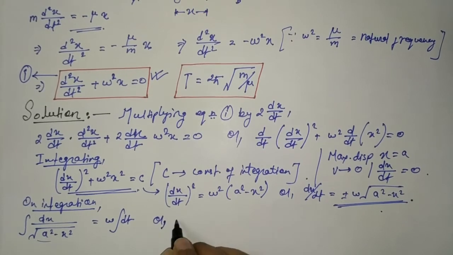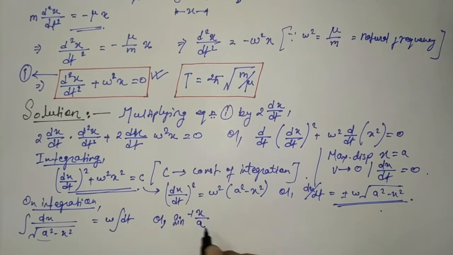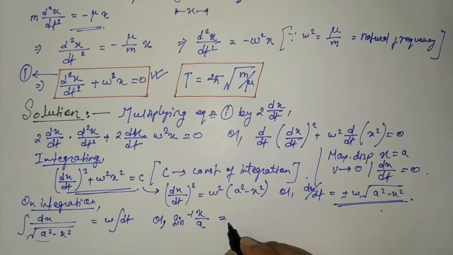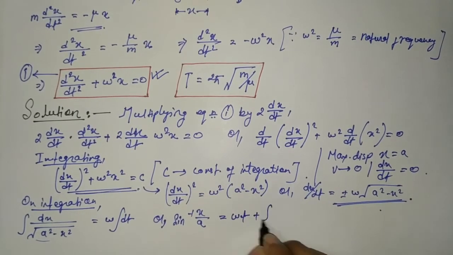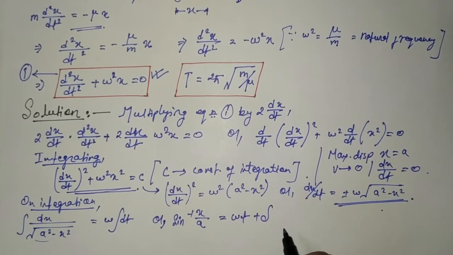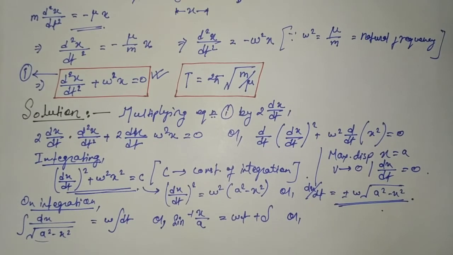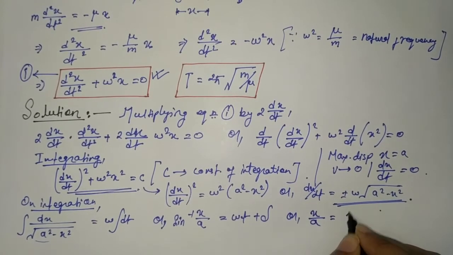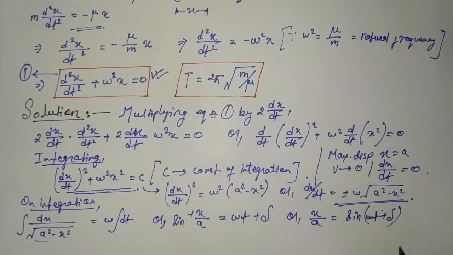The integration of 1 by root over a squared minus x squared is sine inverse of x by a, equal to omega t, where the integral of dt is t, plus delta as the integration constant. Or we can also write x by a equal to sine of omega t plus delta.